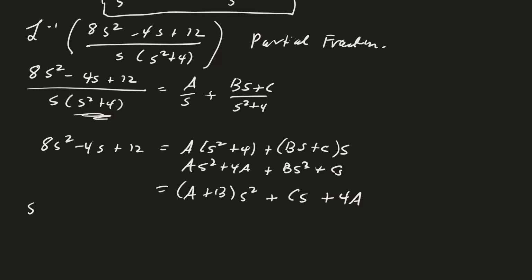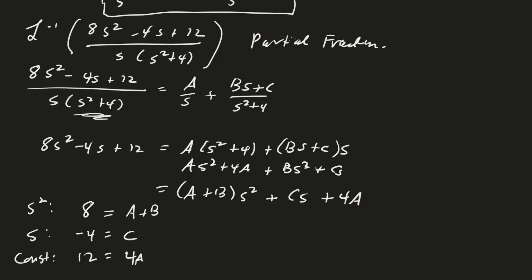We have one equation for s squared, one equation for s, and one equation for a constant. For s squared, we have 8 on one side and a plus b on the other. For the s terms, we have minus 4 on one side and c on the other. And for the constants, we have 12 on one side, 4a on the other.